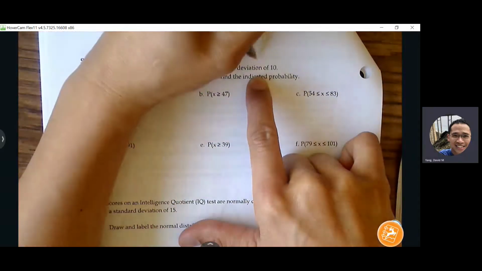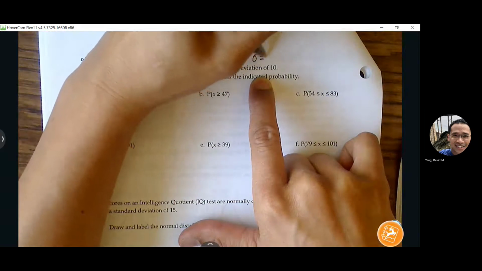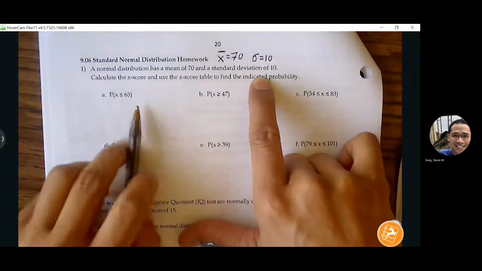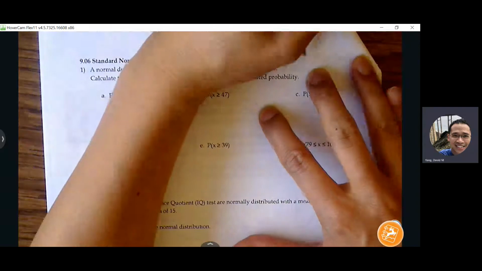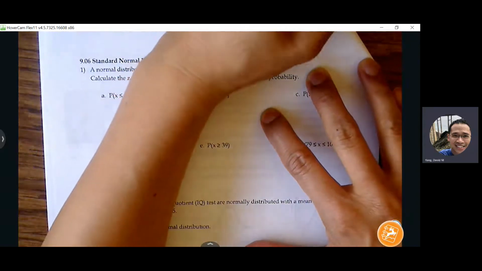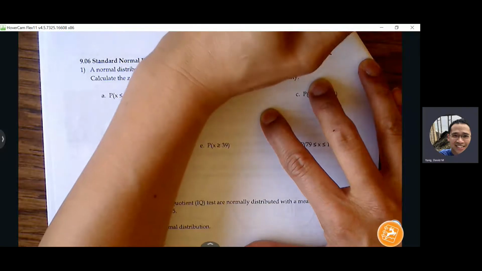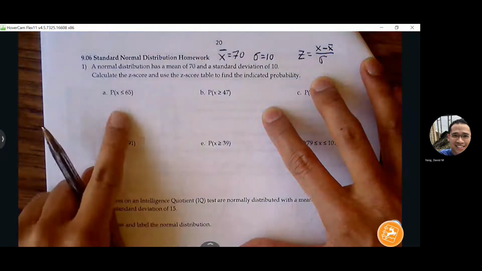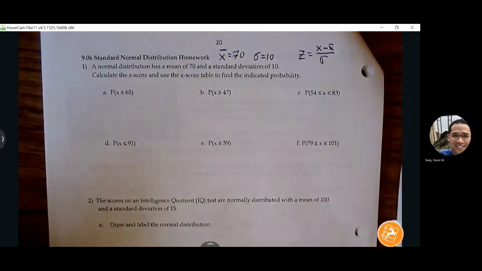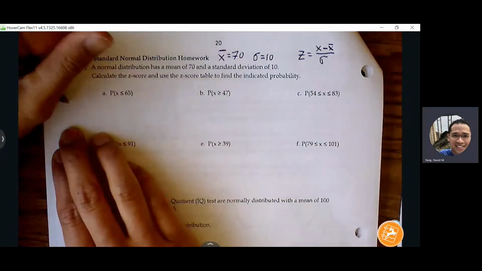Standard deviation 10. And then we're always going to go through this formula here. Z is equal to x minus x bar divided by sigma. Okay, find the z value first.